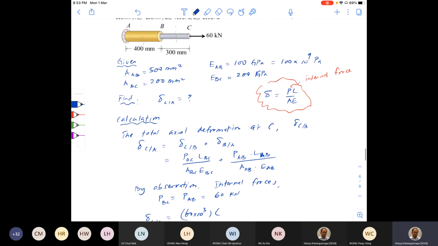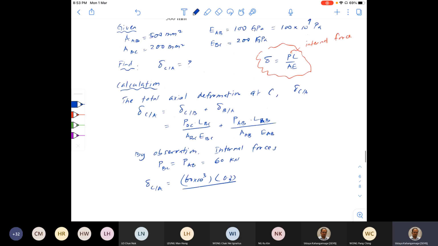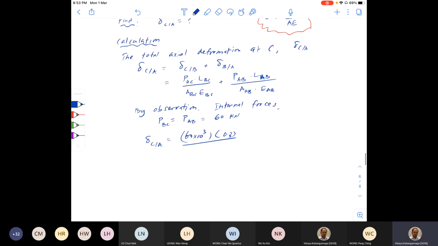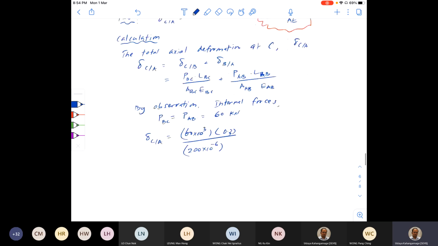L BC is given as 300, that is 0.3. A BC is 200 millimeters squared, that is 10 to the power minus 6 meters squared. And E BC is 200 gigapascal.